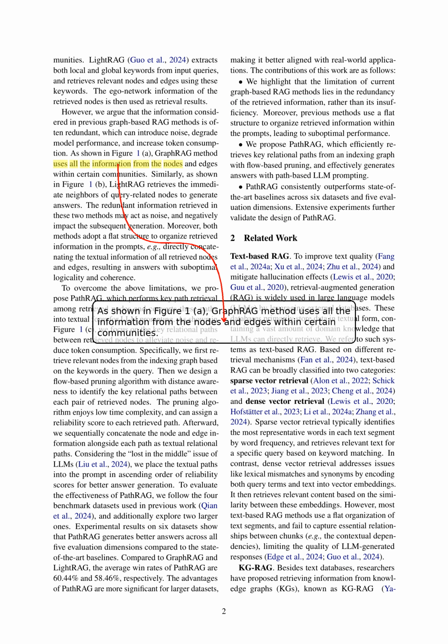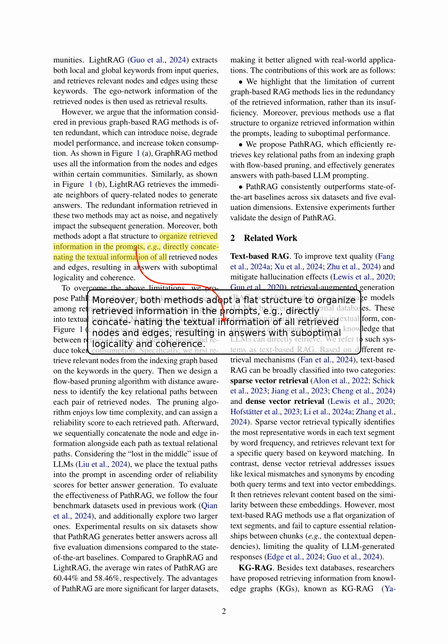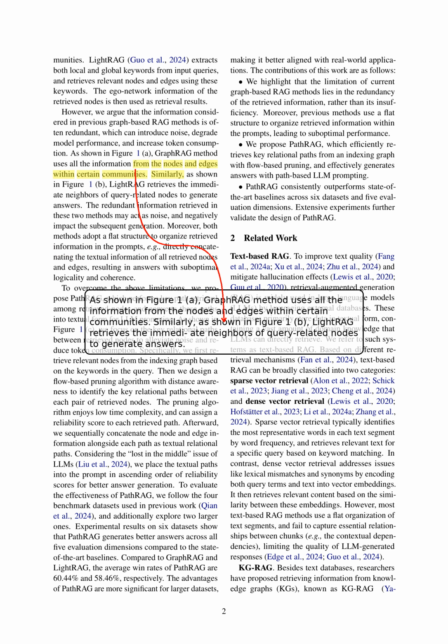So PathRAG takes a very clever approach. Instead of simply retrieving everything that's connected to a set of nodes, it focuses on finding the most important relational paths between them. It's like having a super-efficient librarian who not only knows where all the books are, but also understands the subtle connections between them. Okay. Can you break down this relational path concept a bit further for me?